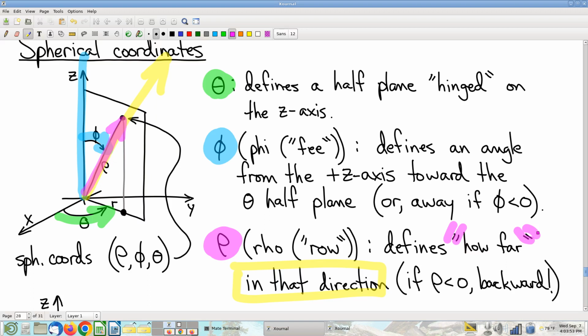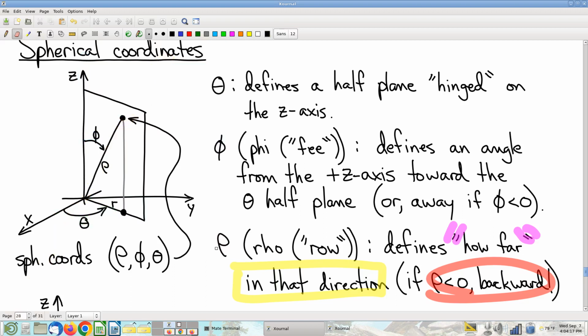And if rho is negative, just like you would expect, just like we did in polar coordinates, they just go backwards. Same direction, just backwards in that same direction. Go the exact opposite direction. Okay. Everybody good? So rho, phi, and theta.